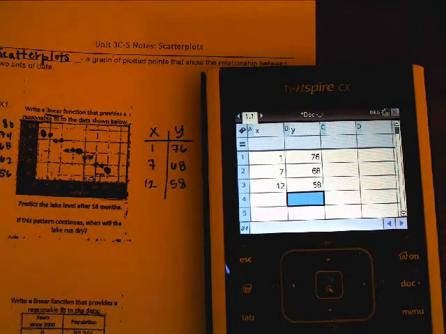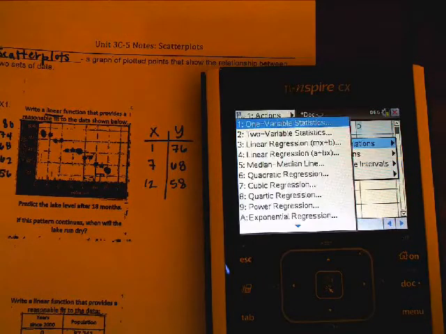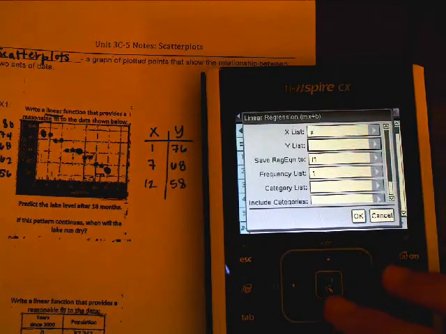Everybody do it with me. Oh my god, they're all weird decimals. That's okay. Then menu 4, 1, 3, x and y.